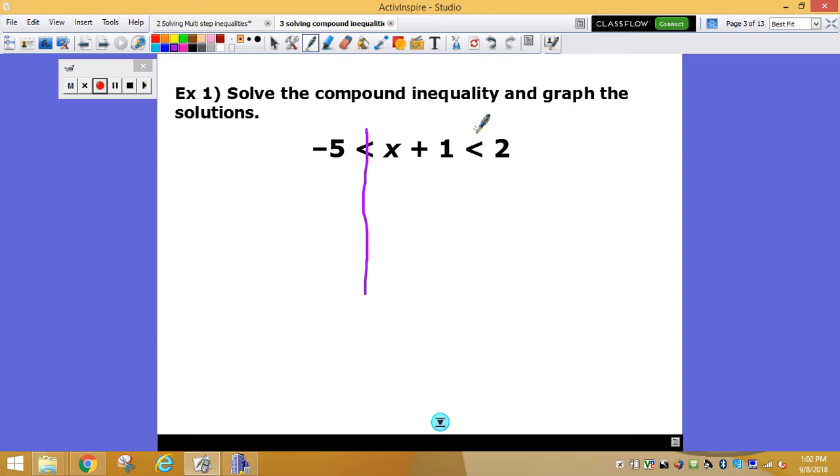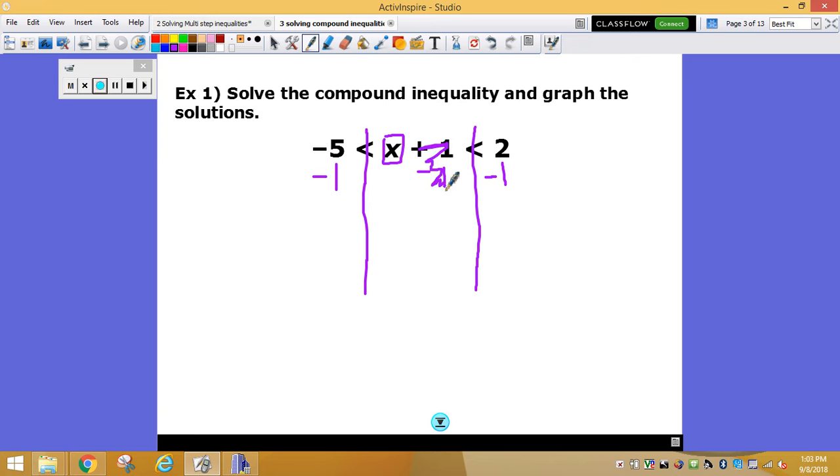Here's an inequality, and here's an inequality. What I'm trying to do is get this x all by itself. Okay, so right now, what's in the middle with the x? The 1. So I want to move it. And just like with equations and just like with inequalities, to move it, we do the opposite. And the opposite of plus is minus. So I'm going to do -1. You have to do it on both sides. Okay, I'm going to do -1 everywhere.